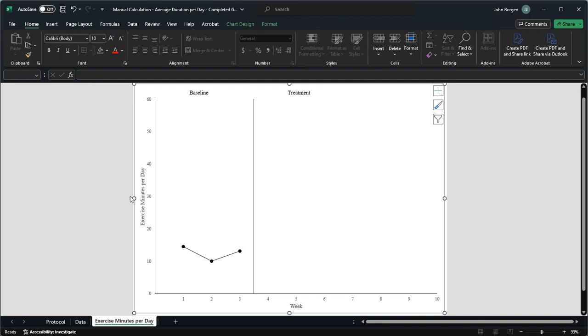What I'm really most concerned about in selecting a 0 and a 60 is that I can see realistically and accurately and clearly how much these data points, how much the dots are going up and down and in which direction they're going. If I pick a number too large for 60, again, it's going to smush them all to the bottom of the graph.